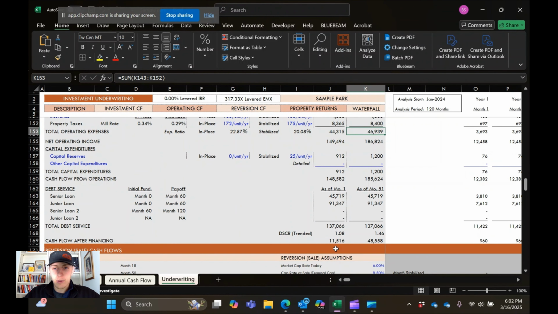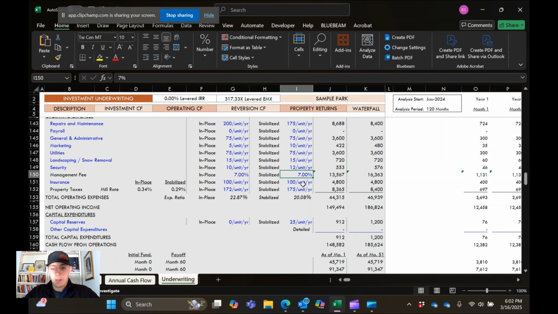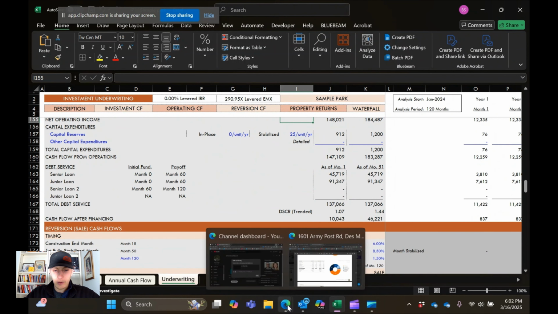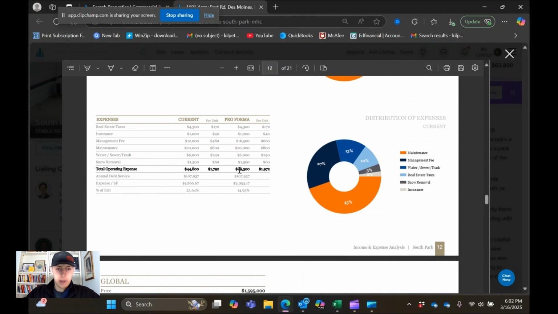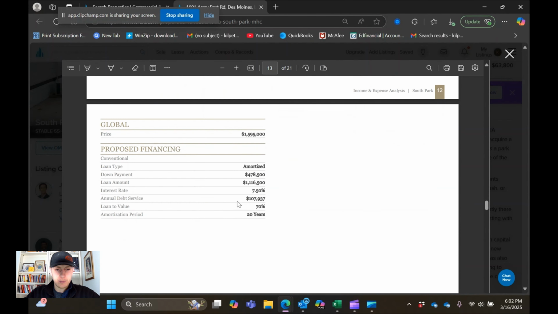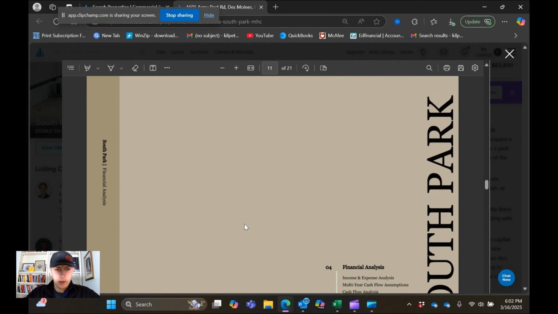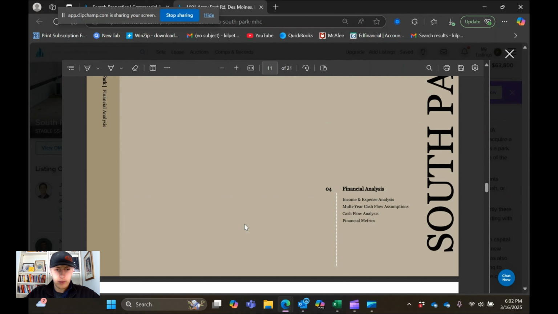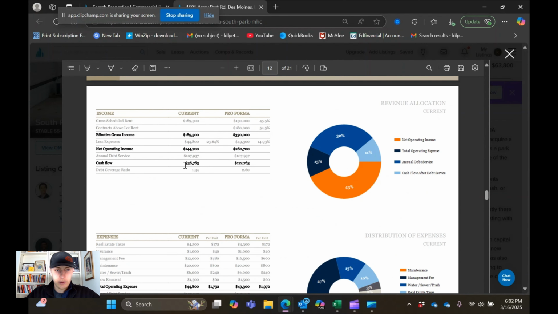So we got 44 to 46. I do think, I want to stay conservative, and we're gonna put a little bit higher expenses in there. Let's see what they have for. Yeah, they have 49,000. So this is pretty accurate. Let's see what... is that it? Yeah, net operating income 144, 280.